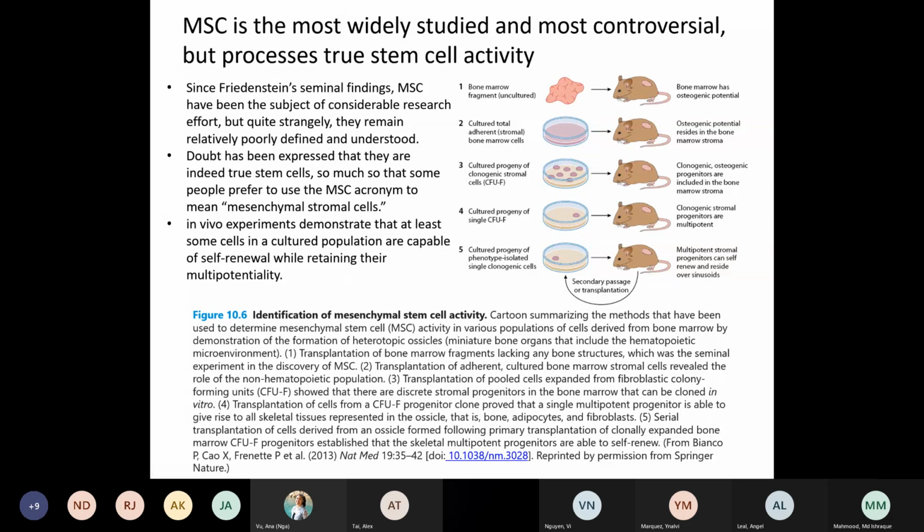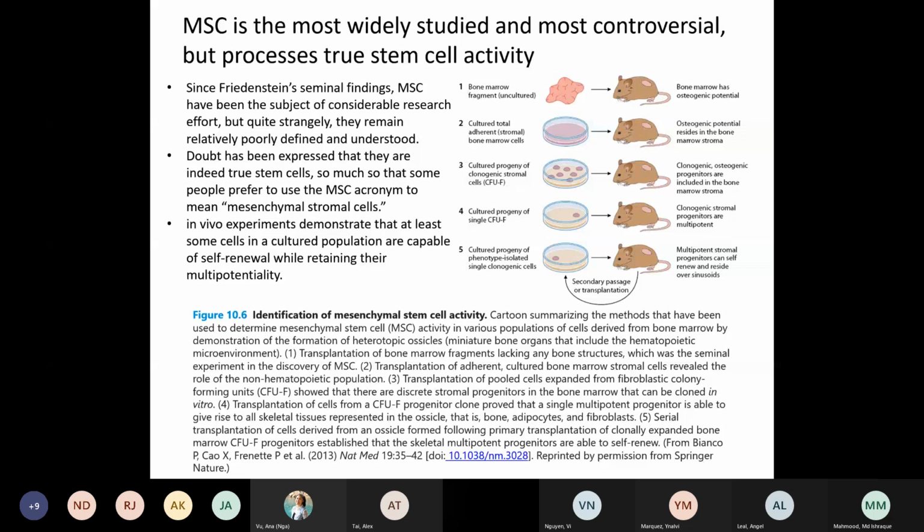If you have any experience in cell culture, you know if you have, for example, epithelial cells or cells round in shape, when they form a colony, the colony is going to be tight. It's a very tight colony. The cells are in close contact with each other. But if you have fibroblast, fibroblast is spindle-like.